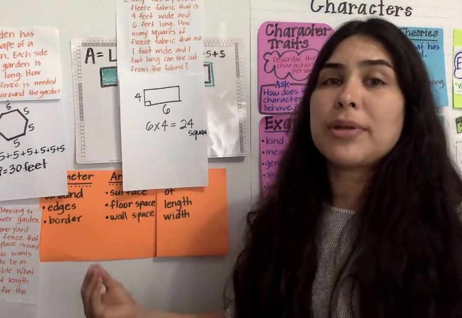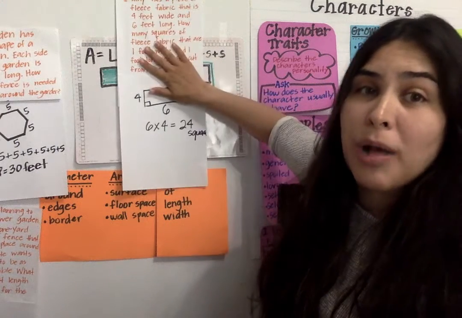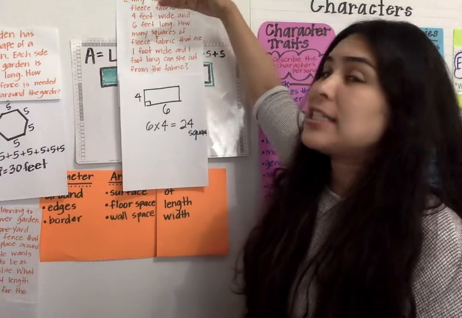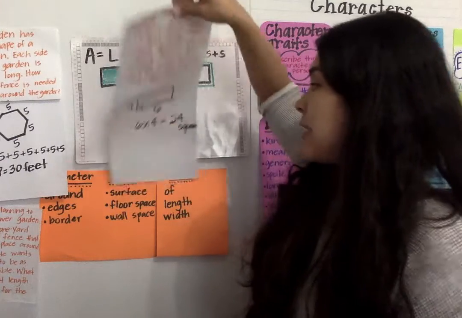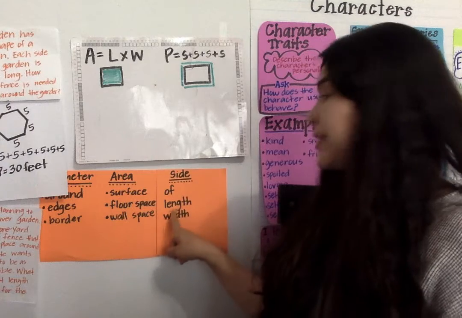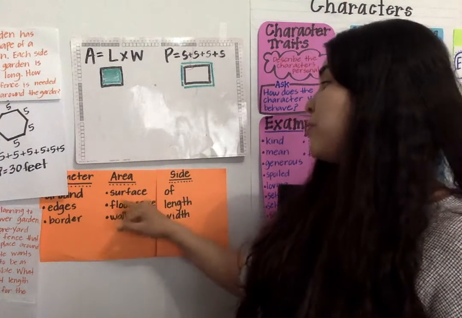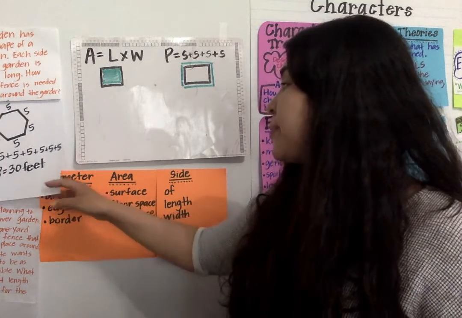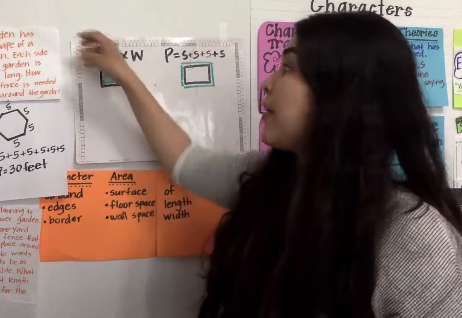Okay, so remember the steps to take today, right? You have to read your problem once, okay? Then go back, read each sentence again carefully, okay? Listen for key words. If the question asks about length, about width, if you hear the words floor space, wall space, surface, then you probably need to use the formula for area.